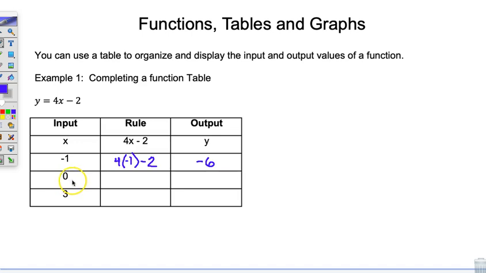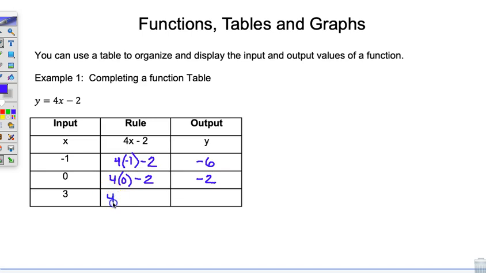Now, if you need to write out the information over here, you can also do that. Let's put in 0. So 4 is staying put, 0 is replacing x, and subtract 2 is the rest of the rule. Following order of operations, 4 times 0 is 0, 0 take away 2 is -2. Finally, we have 3.